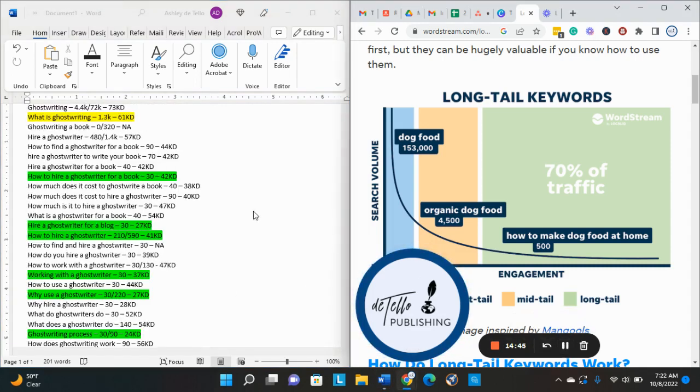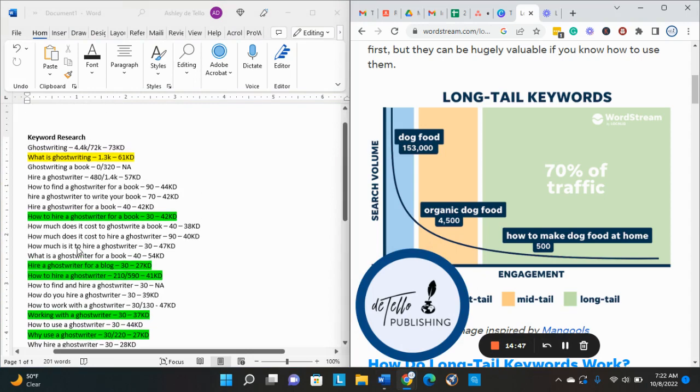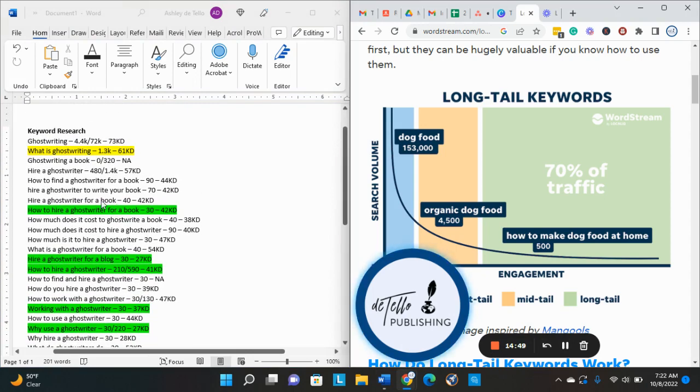Okay, another quick tip as I'm going through and highlighting these and picking which one I'm going to use. Here, hire a ghostwriter for a book, 40 volume, 42 keyword difficulty. How to hire a ghostwriter for a book, 30 volume, 42 keyword difficulty. Why am I going with the one that has 30 versus 40? Again, they're both really low, so it doesn't matter that much.